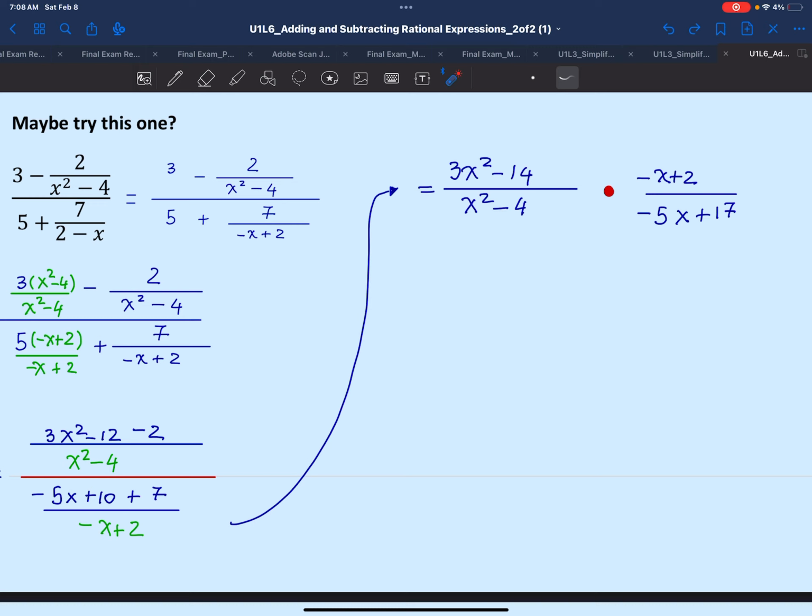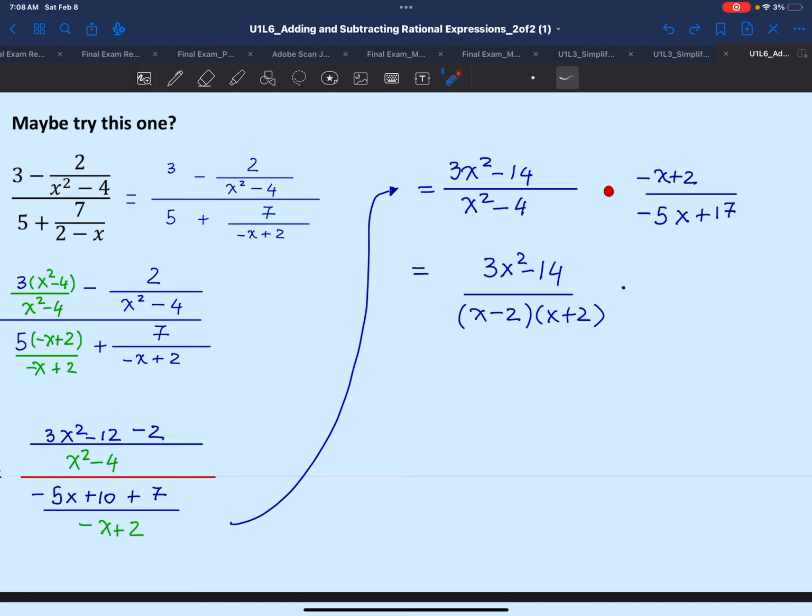We're going to start our simplification process by factoring everything. Remember that in multiplication we factor everything. Now this numerator here, we don't have much to factor, so we're going to leave it the way it is. And the denominator is, if you notice here, a difference of squares, x squared minus 2 squared, which will factor into x minus 2 and x plus 2.